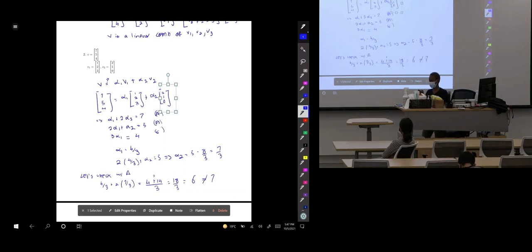So what does this tell us? This tells us that V over here is not a linear combination of V1 and V2, right? Any questions so far? Does this make sense?